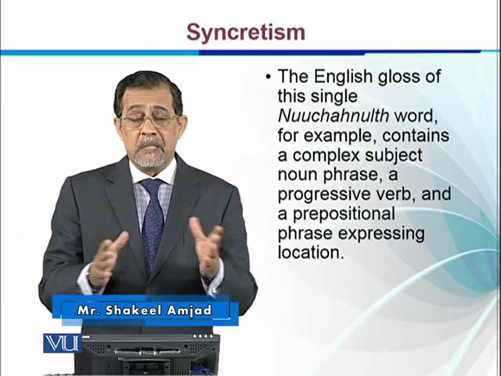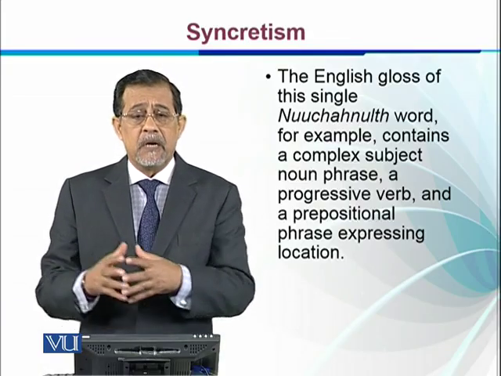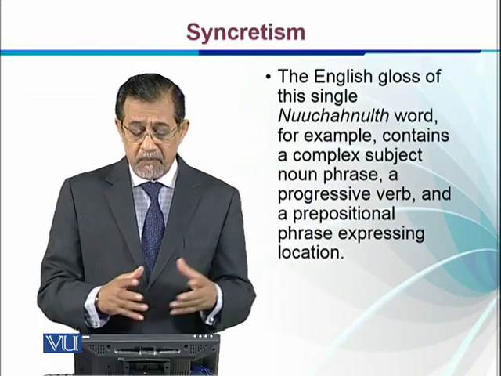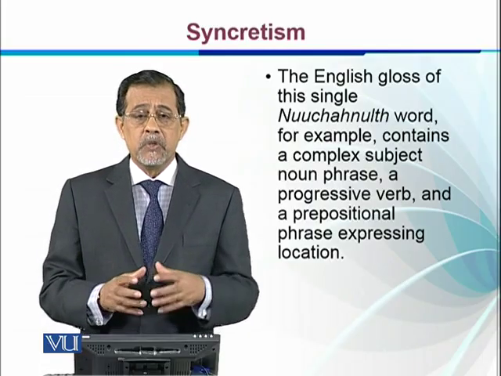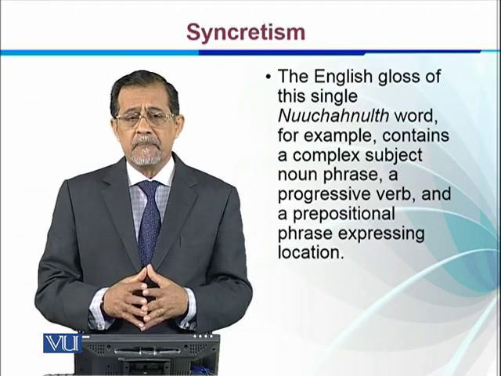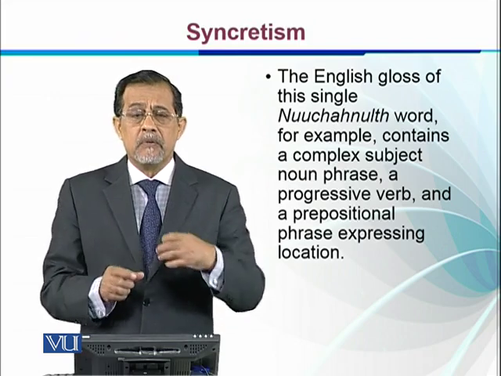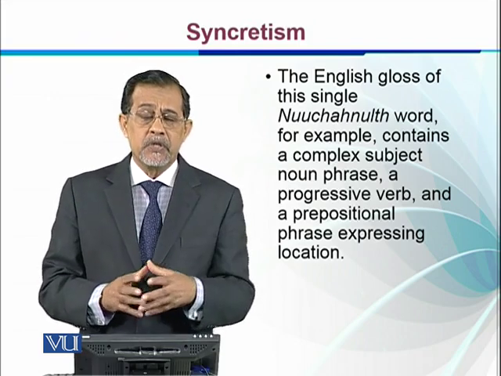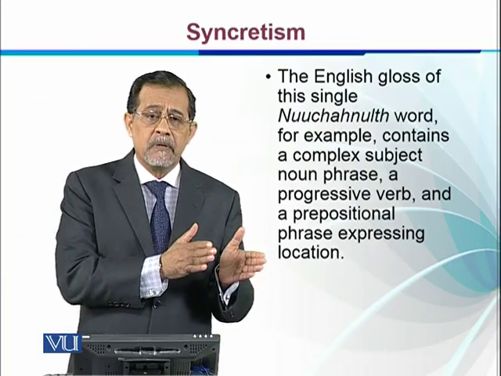So these are different types of languages: agglutinative, isolating, synthetic, polysynthetic. This is the typology that we use to describe different types of languages in which different units are combined within the words, which segregate them from other types of languages.